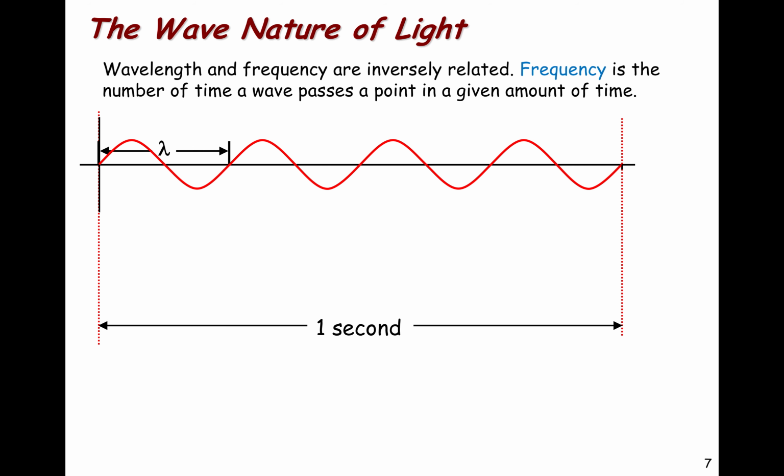The wavelength in this case is given by lambda, and this represents the repeating pattern. There are 4 individual wavelengths that occur within 1 second for this particular wave. So this would have a frequency of 4 cycles for every 1 second.